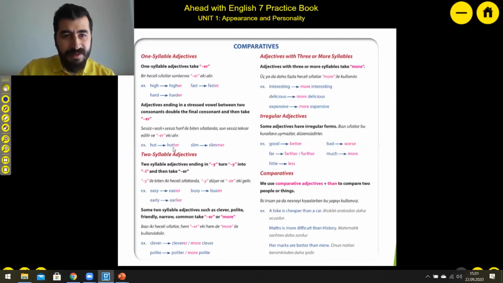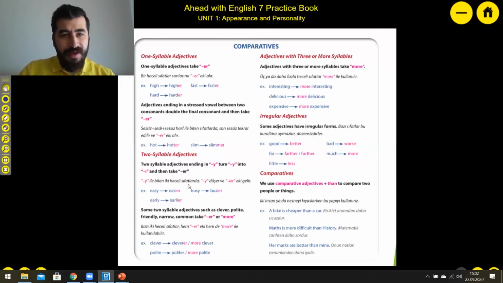One T more we write. Okay, you can read Turkish explanations also here. Slim, look at that. Consonant, vowel, consonant. Slim, slimmer. One M more we write. Hot, hotter, slim, slimmer. Okay.